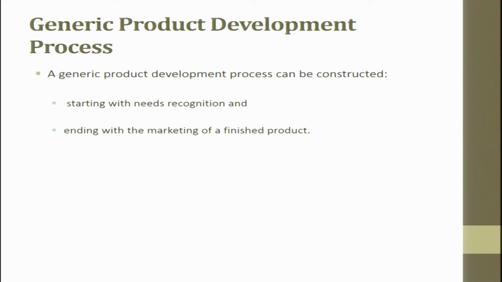So, generic product development process. A generic product development process can be constructed starting with needs recognition and ends with the marketing of a finished part. So, it starts from need analysis and ends at market sales of the product.